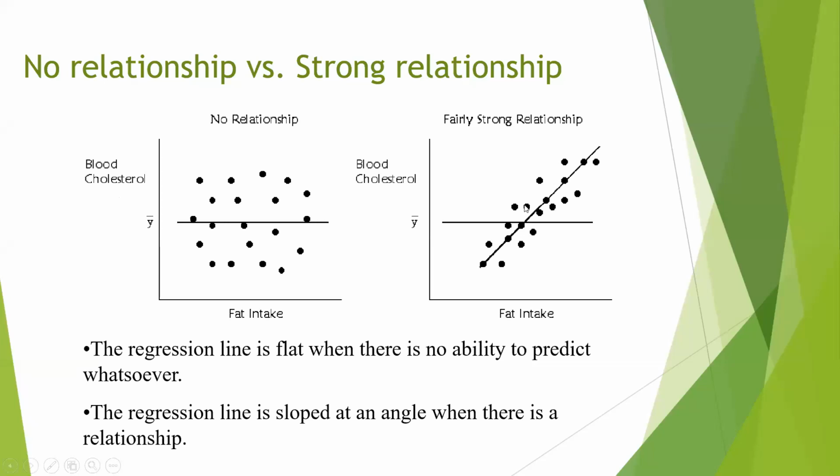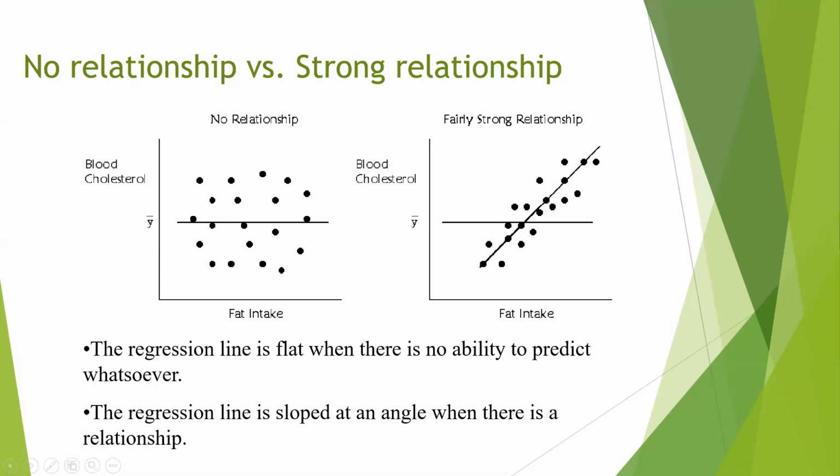But if we get the second kind of graph, we can predict the blood cholesterol based on the fat intake of a person. That depends on the slope we are getting. From this graph we want to say that your linear line should not be parallel to the x-axis. It should have some slope, then only you can predict.